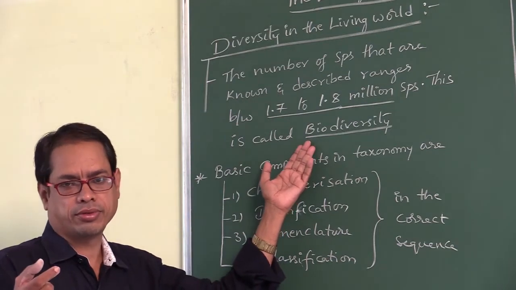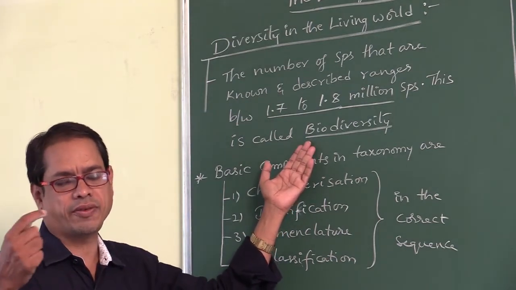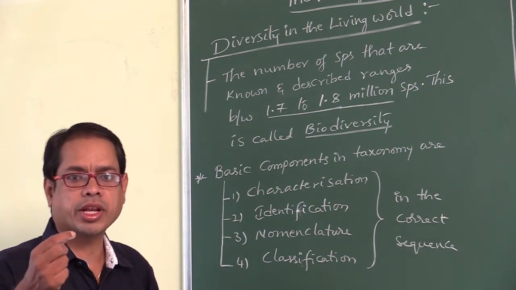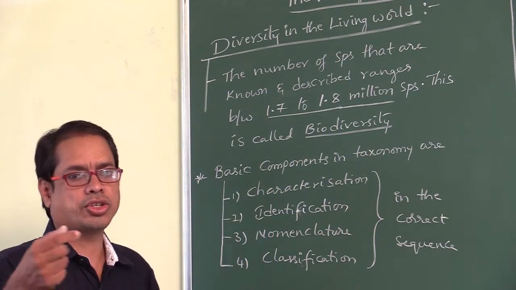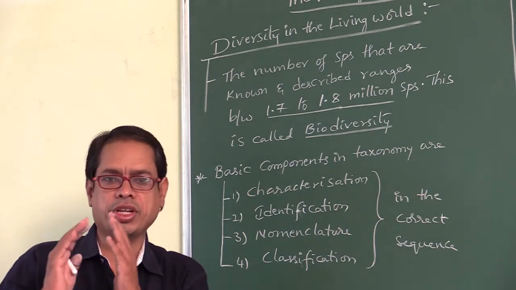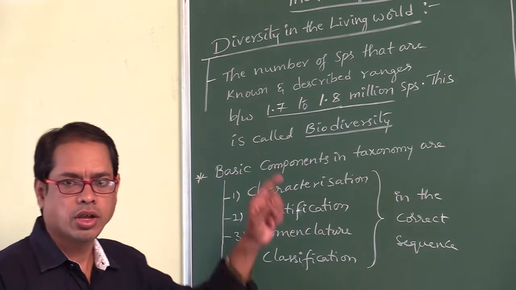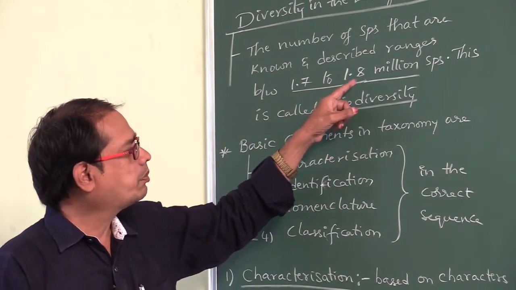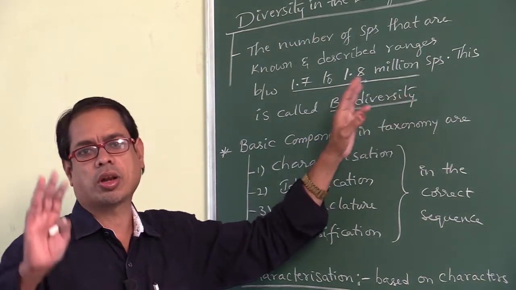Bio means life. Diversity means difference. So different types of organisms are present on earth. That is so-called biodiversity. 1.7 to 1.8 million species are present.